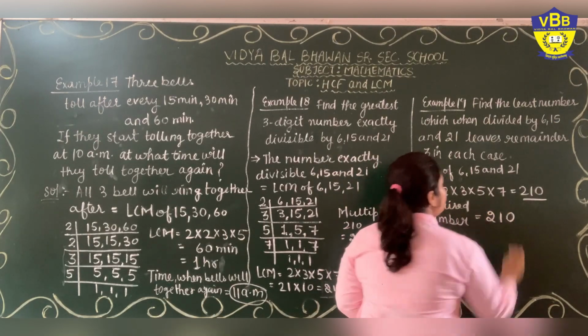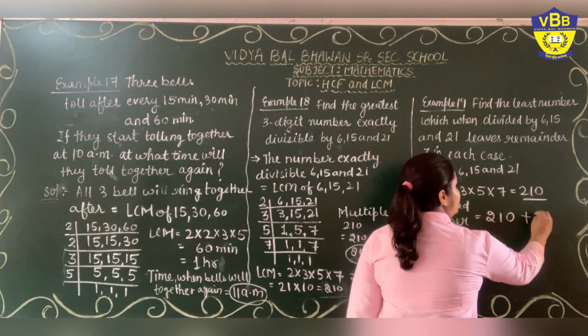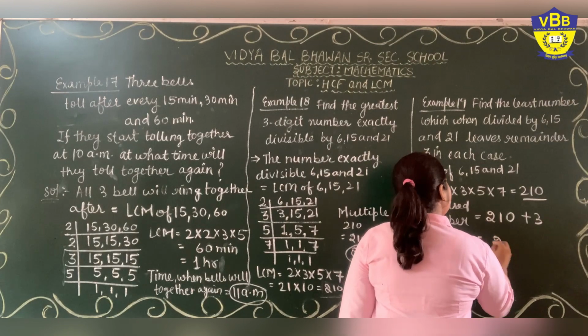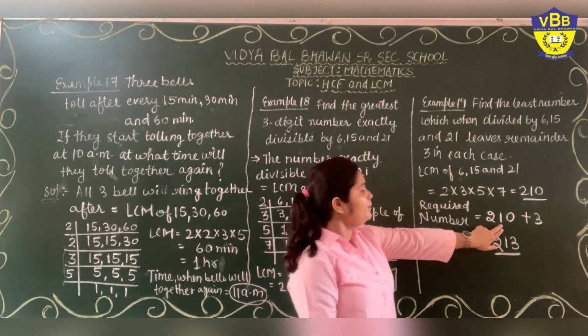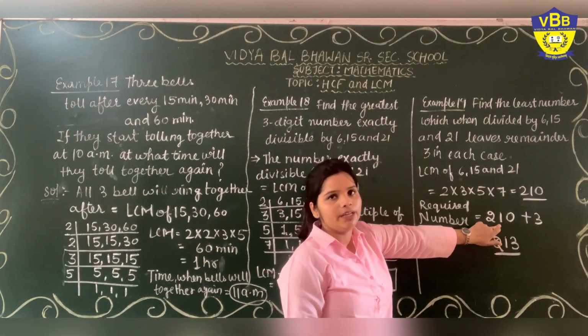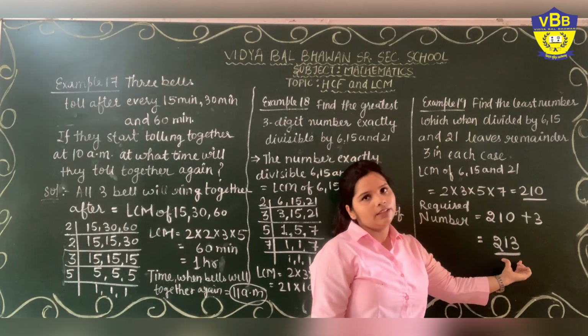So the required number will be 210, because this 210 is completely divisible. And now I am adding 3 to this 210. It is becoming 213. This is completely divisible by 6, 15 and 21 with 3 added.